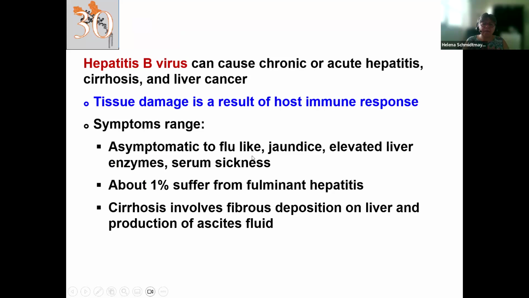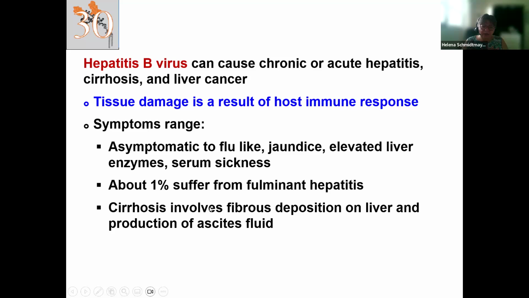So let's go back to hepatitis B virus. As mentioned before, from mild symptoms, which can resemble flu-like symptoms through jaundice, elevated liver enzymes, serum sickness, it can also lead to very severe pathogenesis, fulminant hepatitis or cirrhosis and liver cancer.